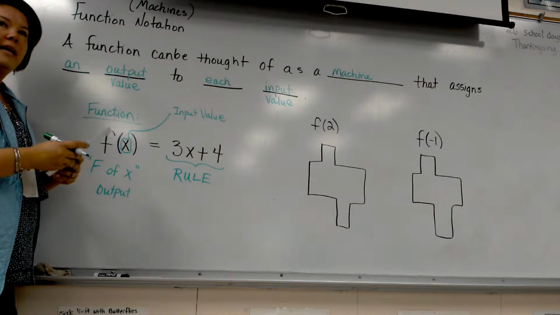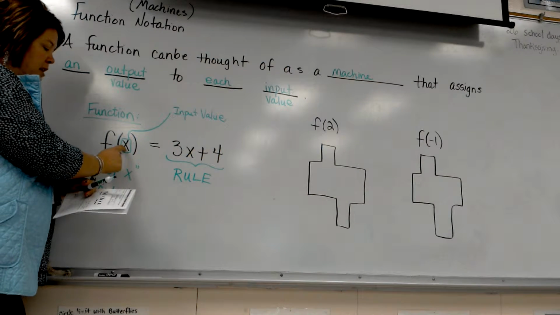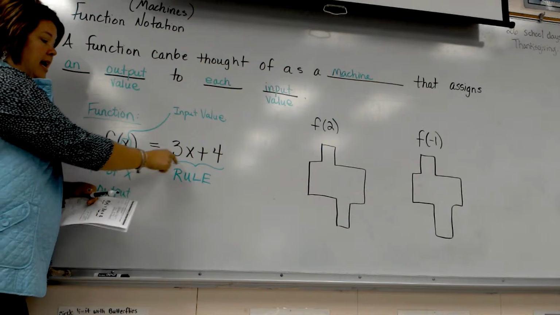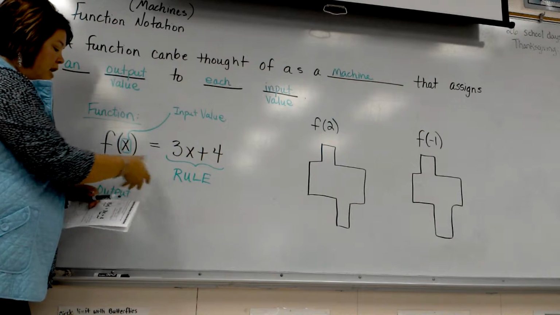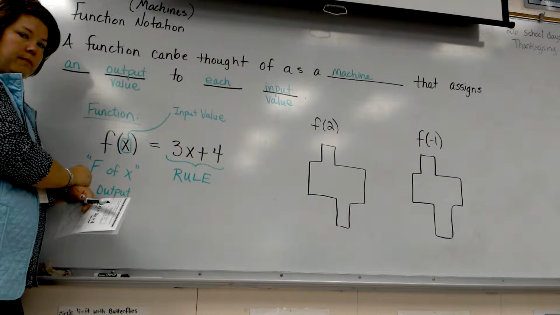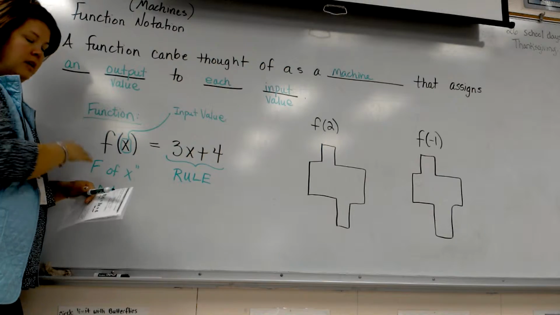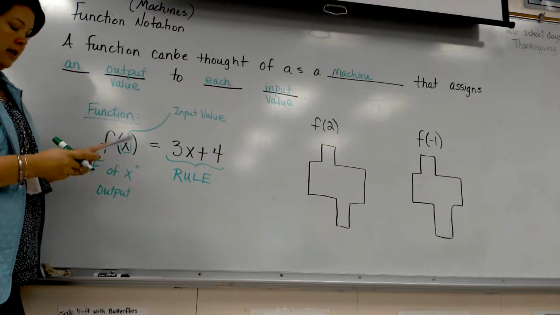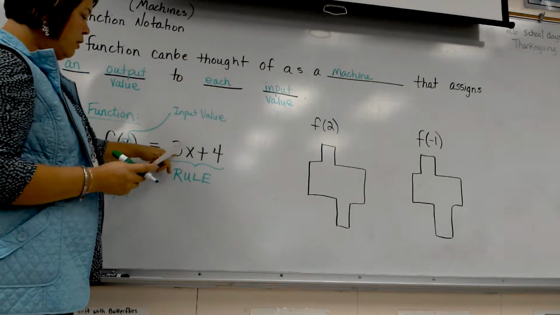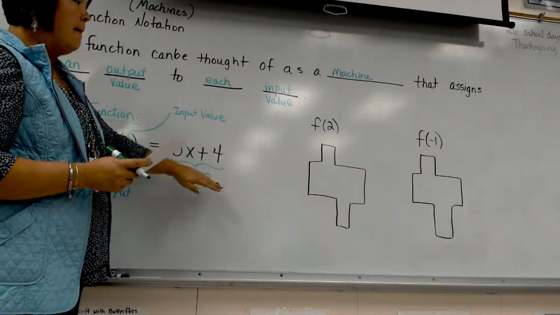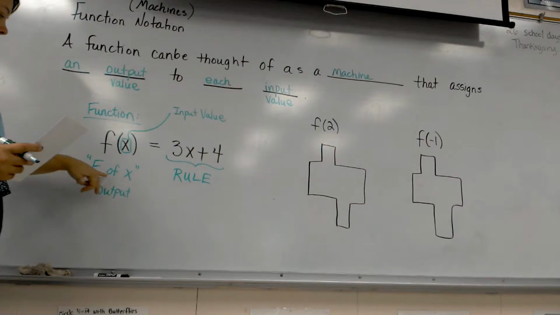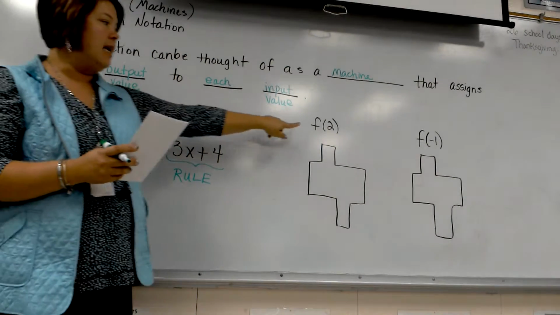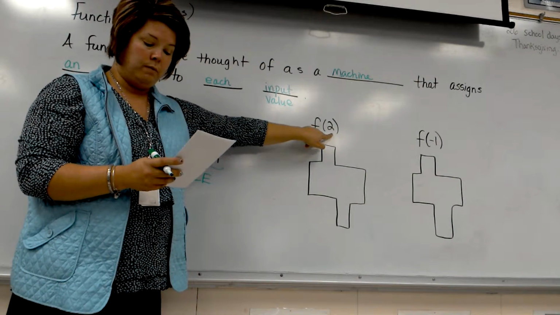Basically, you're taking this input value, everywhere you see an x, you're going to put that value there, you're going to do your rule, and you're going to get a new output value, okay? So let's see how this works. Let's say we're going to use our rule, 3x plus 4, but we want to find f of 2, because remember that's how you read f of x. In this case it would be f of 2, okay?